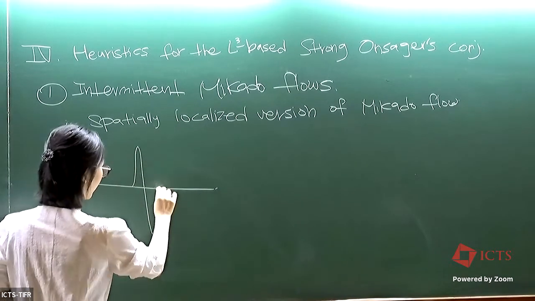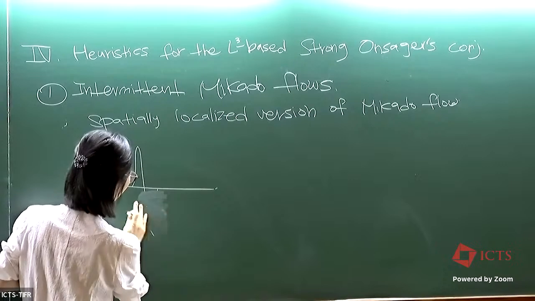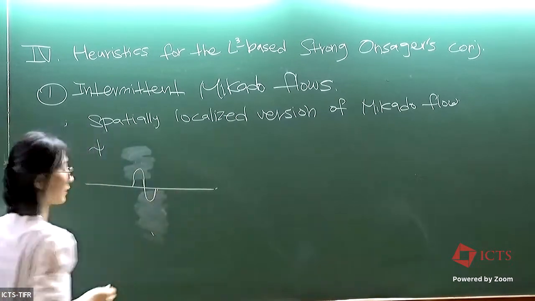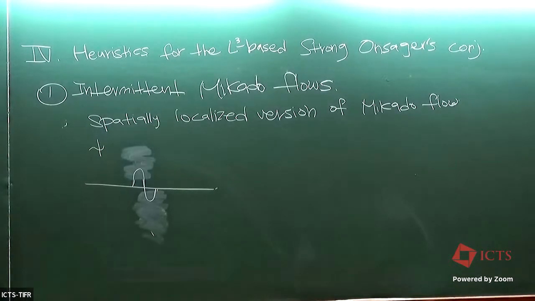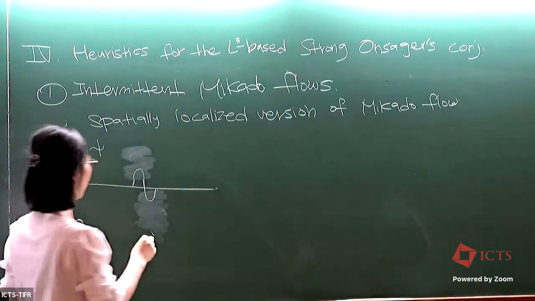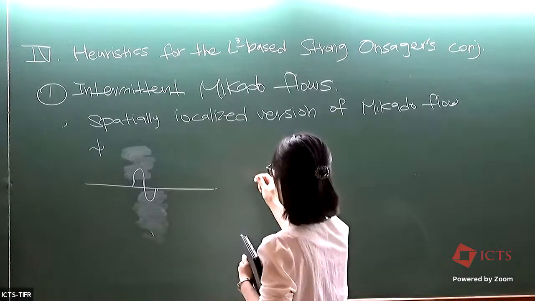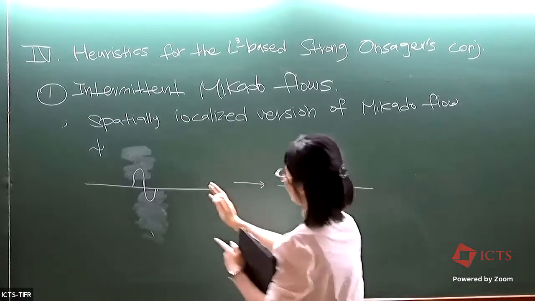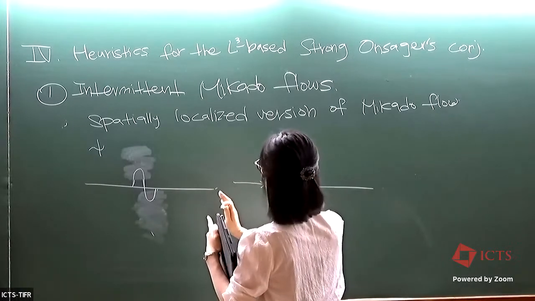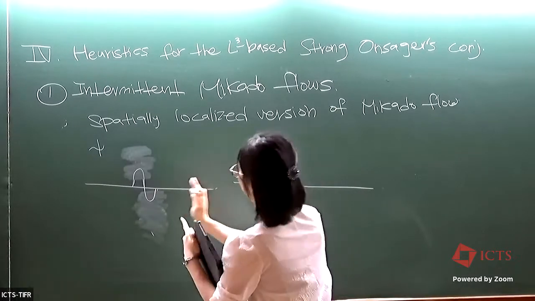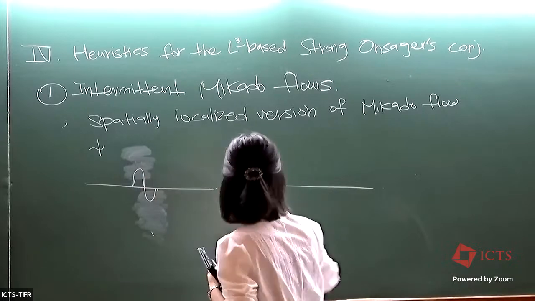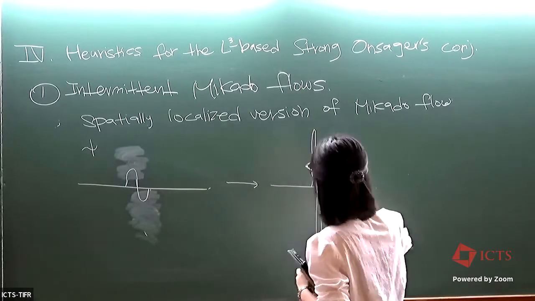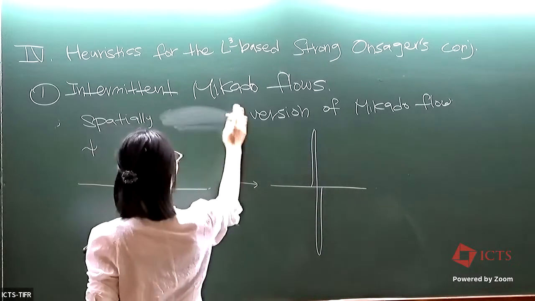So perhaps you can imagine, and let me draw a better way. You can imagine some function like this, right? In one dimension. And now what I mean by spatially localized one is that now you just spatially concentrate this.